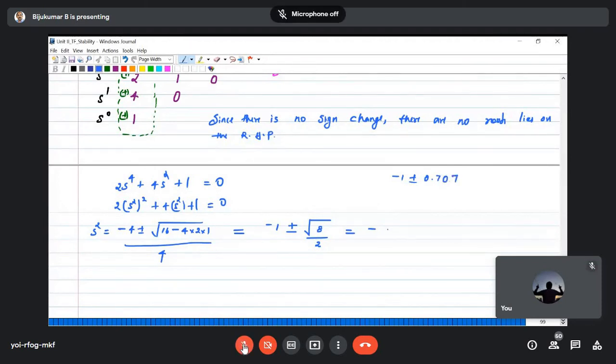So the first root becomes minus 1 plus 0.707, how much will it become? 0.707.